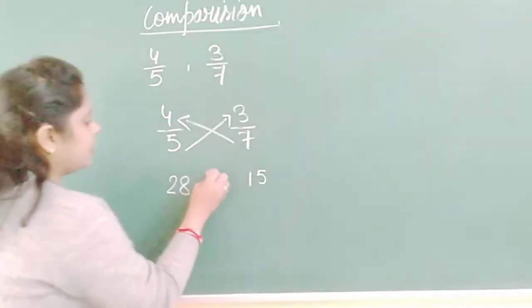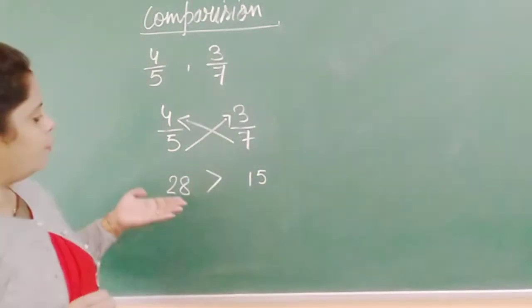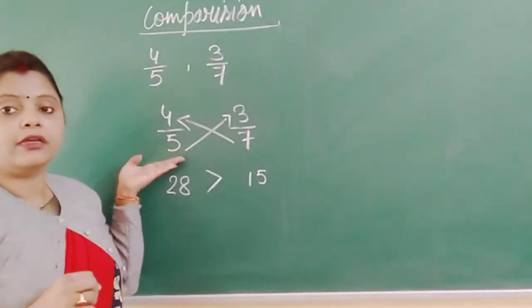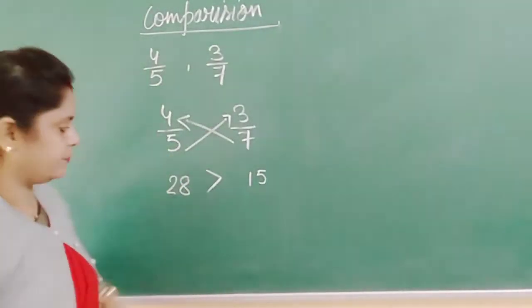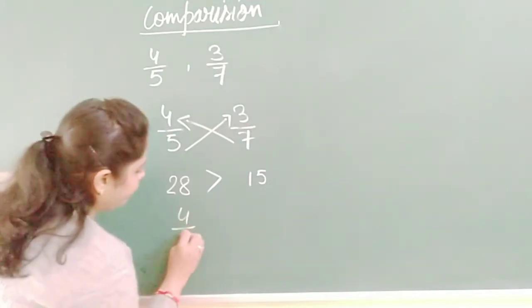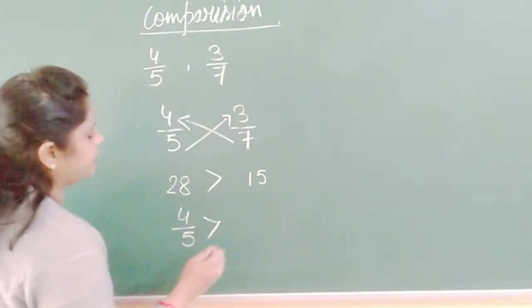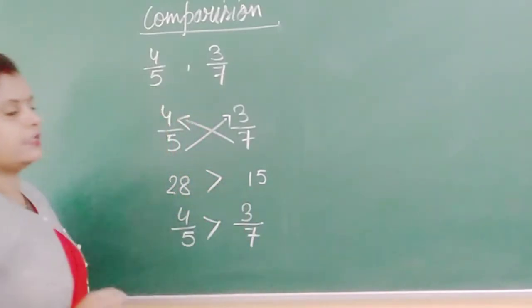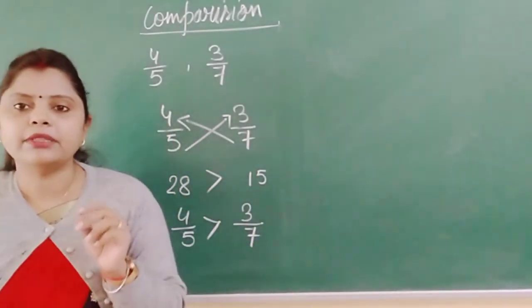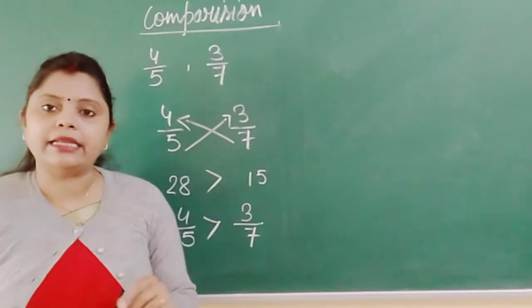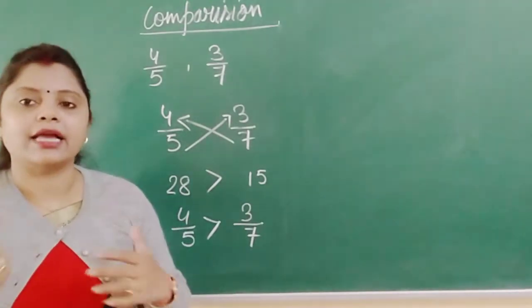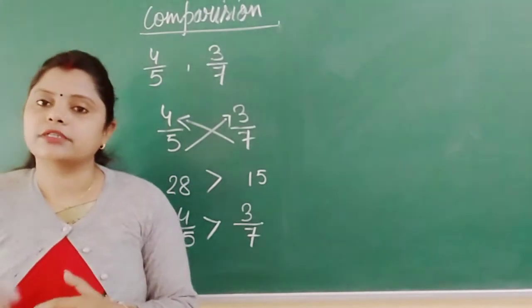28. It means that whatever fraction is on this side has the greater value. 4 by 5 is greater than 3 by 7. Isn't it easy? The simple thing to keep in mind is that by cross multiplication we can understand which fraction is greater.